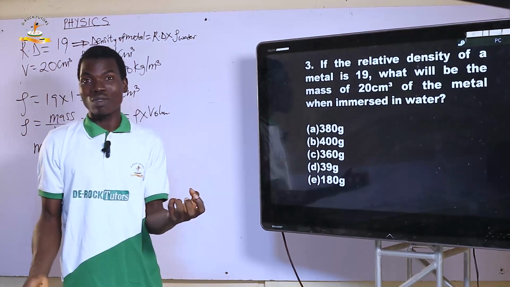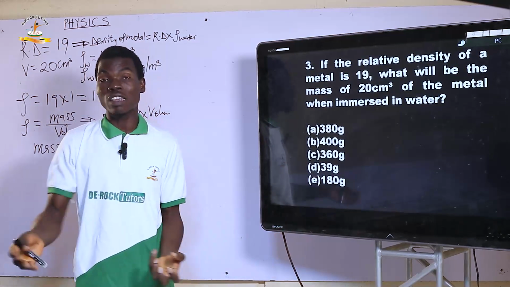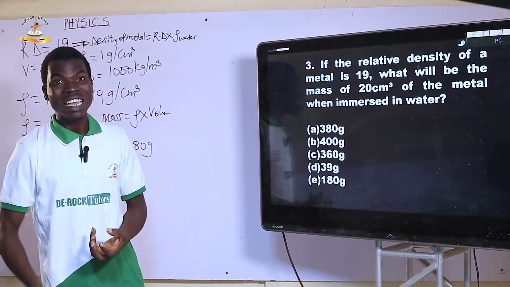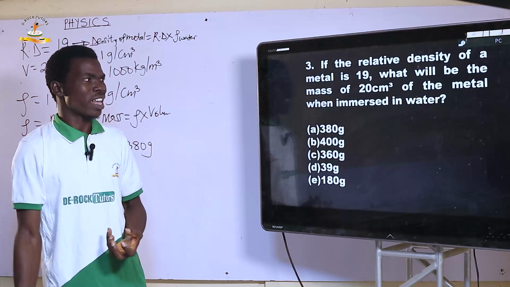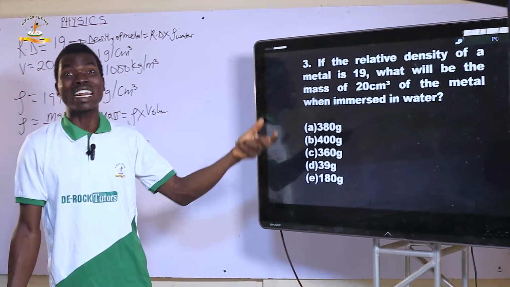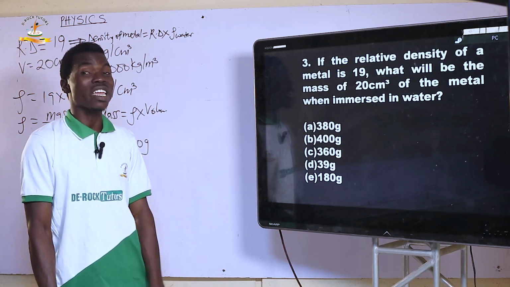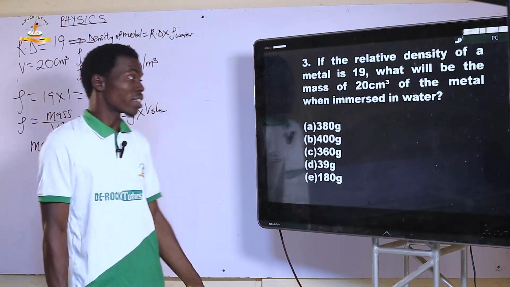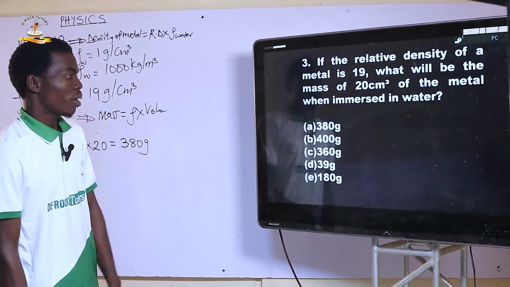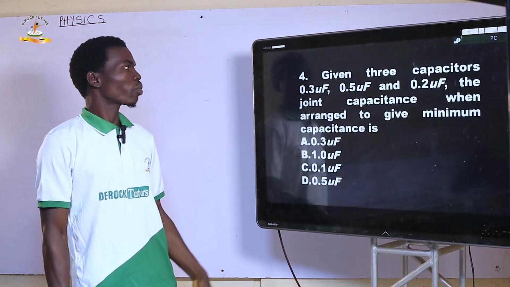Because according to Archimedes' principle, when a body is fully or partially immersed in a fluid, it displaces an amount of fluid equal to its weight. It doesn't say equal to its mass, so we're not going to think of an apparent loss in mass. So our option is strictly our 380 grams. So the answer there is A.